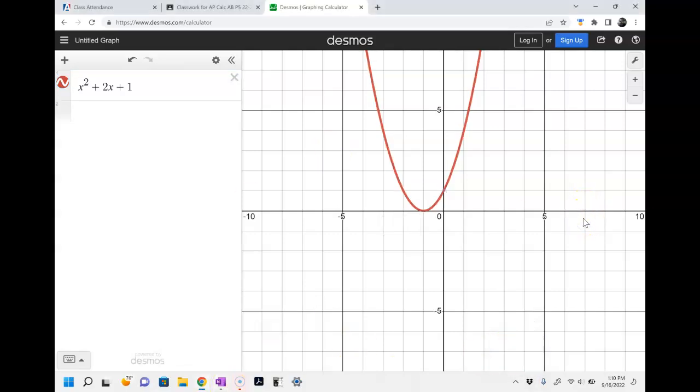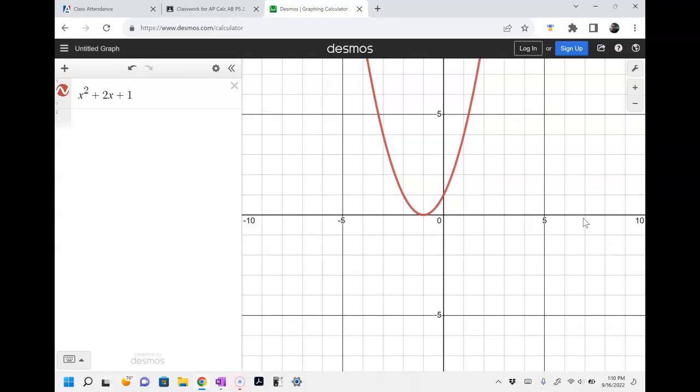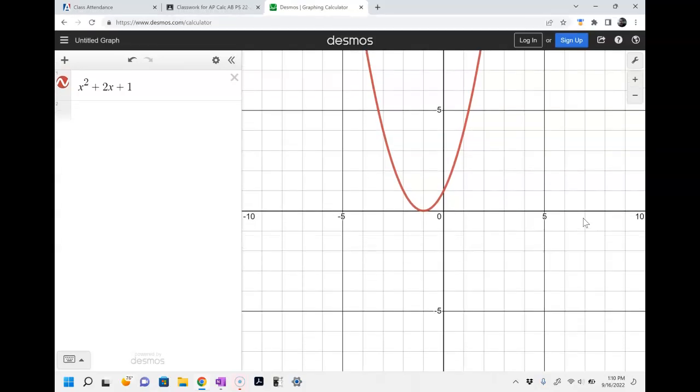But anyway, if I were to look at this graph, you guys know that positive slopes obviously have an upward motion to them, right? It goes up this way. Negative slopes go down, right? Zero slopes are flat.